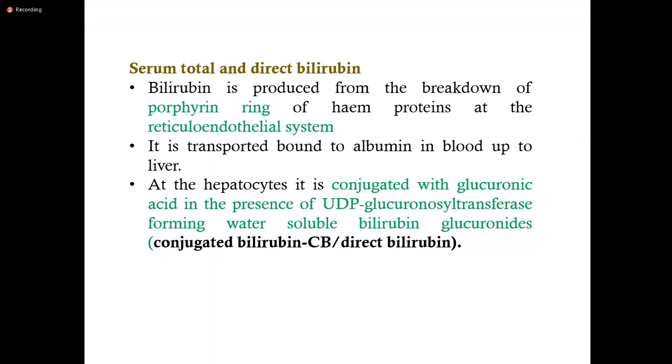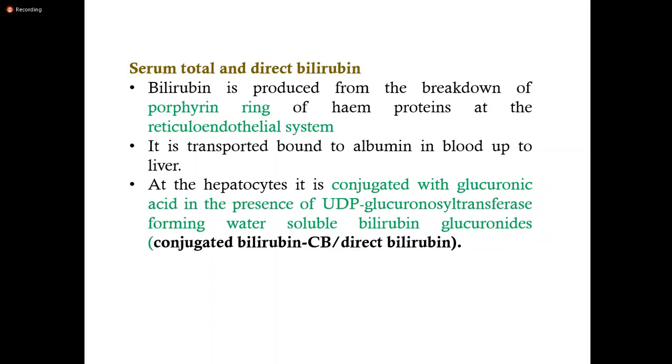So you have to first tell what bilirubin is. Bilirubin is produced from the breakdown of hemoglobin that happens in the reticuloendothelial system, and it is transported bound to albumin to the liver. These highlighted things should be there in the answer. In the hepatocytes, it is conjugated to make it water soluble by adding glucuronic acid, and that reaction is catalyzed by the UDP glucuronyl transferase enzyme.